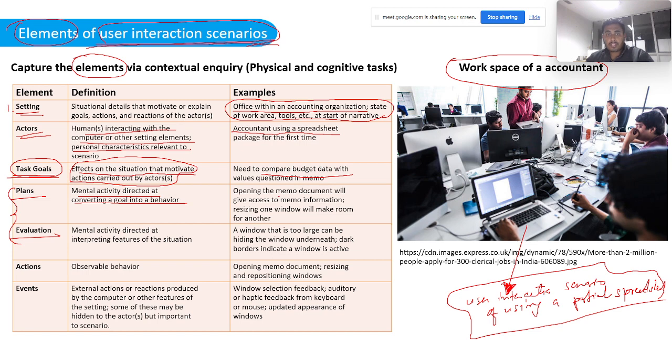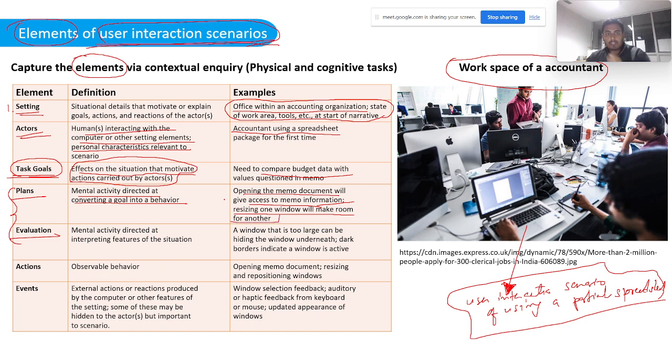For example, that person understands his goal, and then he tries opening a document which will give access to the particular budget information. Then he realizes that the window opened very big, so he resizes that window and makes room for another.